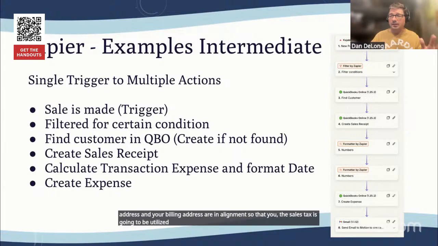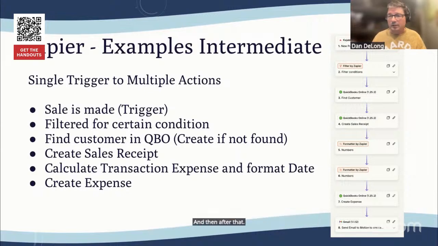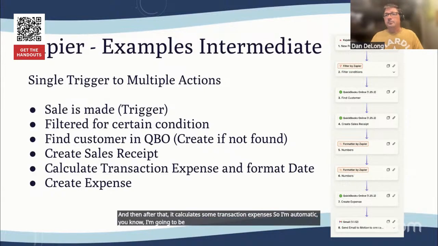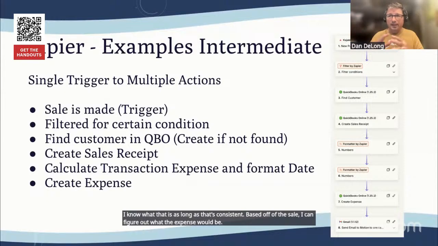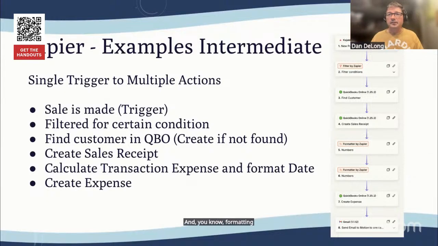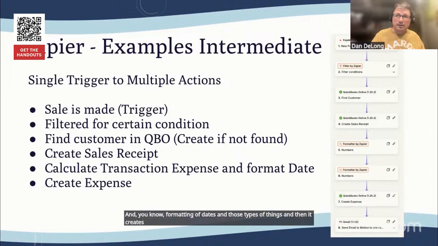It's going to create that sales receipt, and then after that, it calculates some transaction expenses. I'm going to be charged by Kajabi Payments or Stripe or whatever the payment processor is, and I know what that is. As long as that's consistent, based off of the sale, I can figure out what the expense would be, handle formatting of dates and those types of things, and then it creates an expense for me as well.